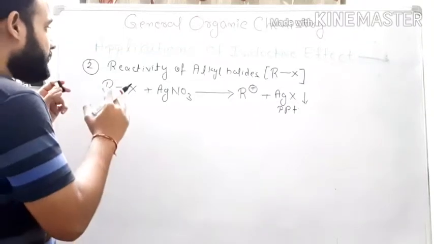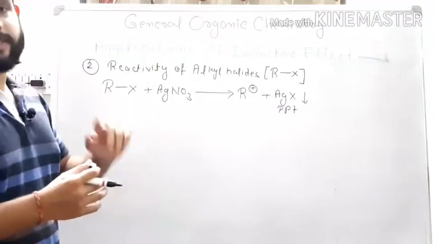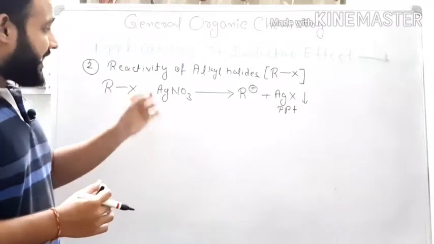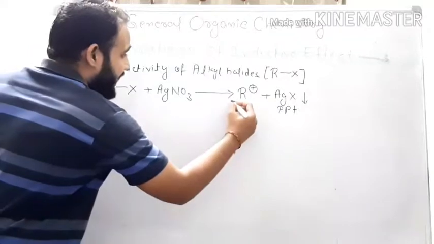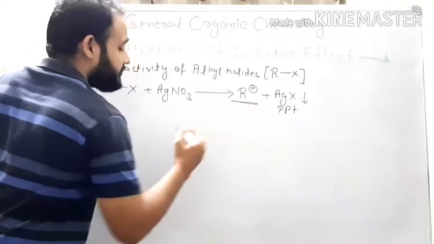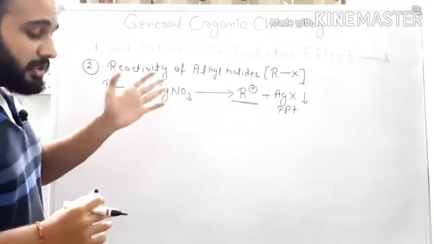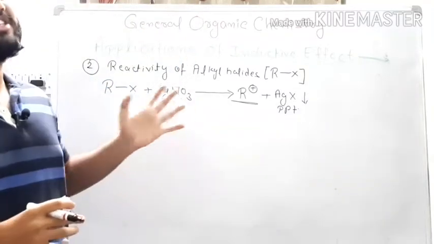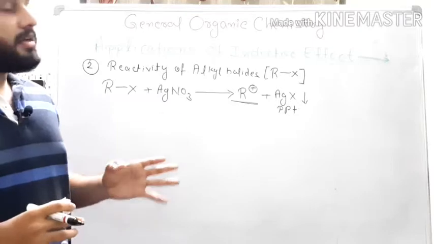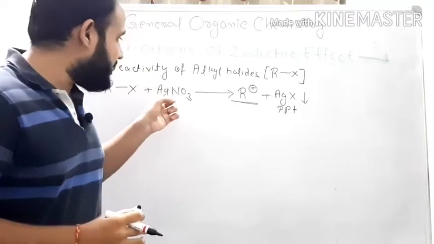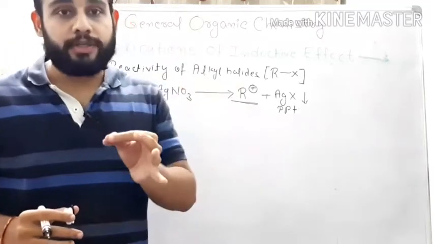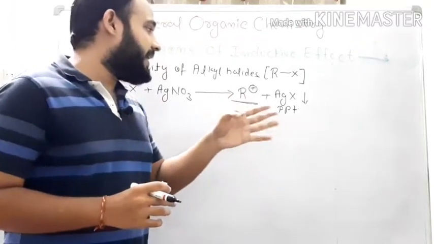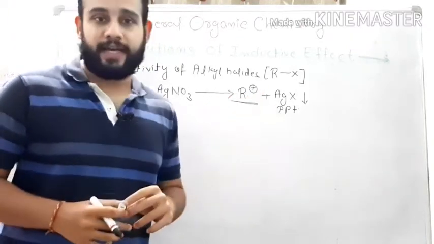Now how can we relate it with inductive effect? You clearly see that the formation of this alkyl cation is the deciding factor of this reaction. Whether this reaction will happen or not will be decided by the formation of this alkyl cation.